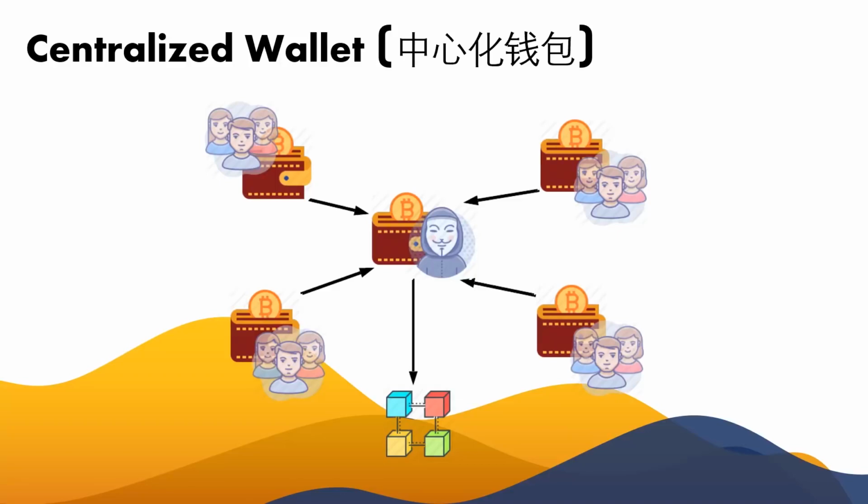You can look at centralized this way: all the wallets are stored in one single centralized server, and this server controls all the assets from the various wallets into a blockchain. The centralized server has to tell each individual wallet how much they have, and that is not from the blockchain but from a database.